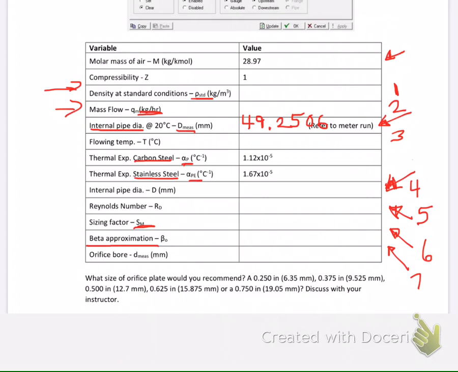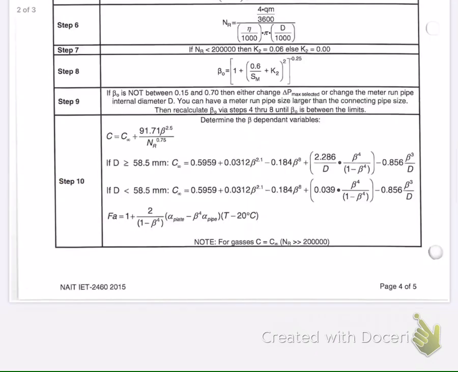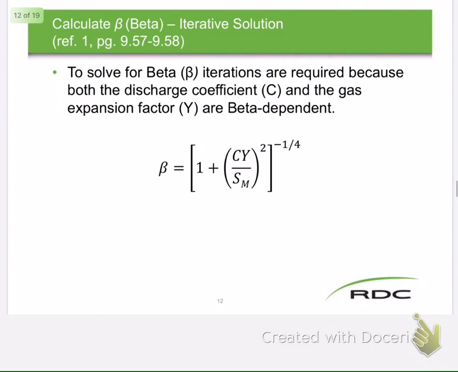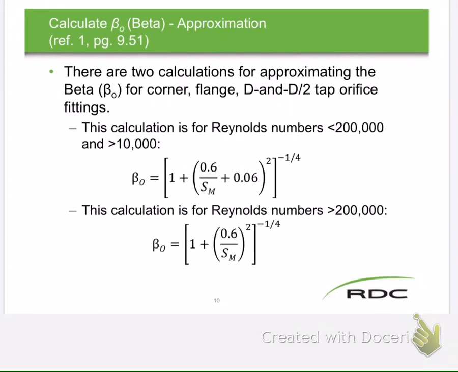So let's find that beta approximation. It's going to be right here. Calculate beta approximation. From that, we need to look at our Reynolds number. Once we calculate the Reynolds number, it's going to tell us which of these two equations to use.